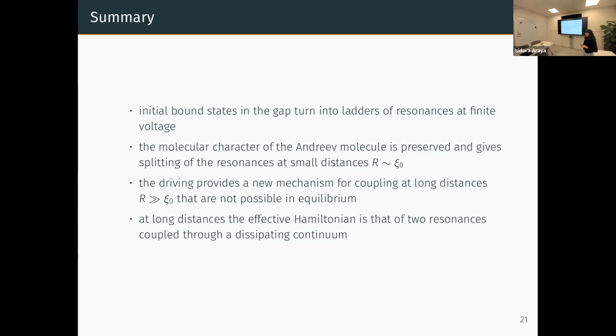But then when we look at a larger dot separation, we have a new regime where the driving provides a new mechanism for coupling that we cannot have at equilibrium. And yeah, the basic physics is that of two resonances coupled through a continuum of states.